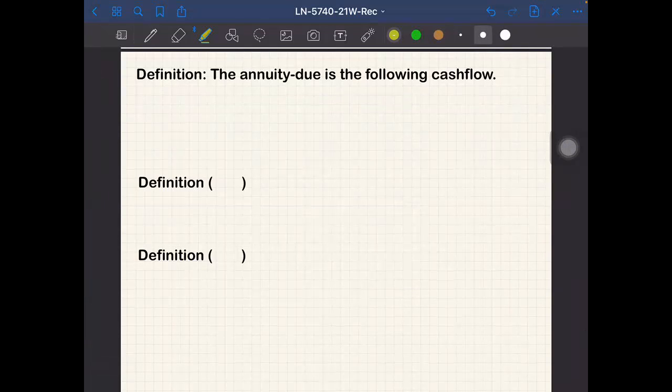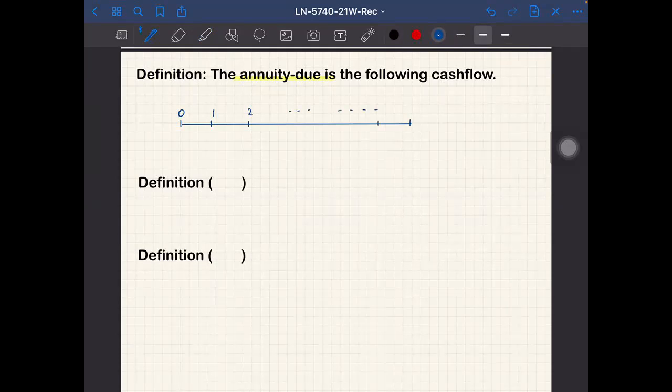Hi, everyone. So next, we would like to define the annuity due. Annuity due is a similar cash flow as annuity immediate, but with a slight difference in the timing of payments. Annuity due is defined as this: again, we have time points 1 to n.